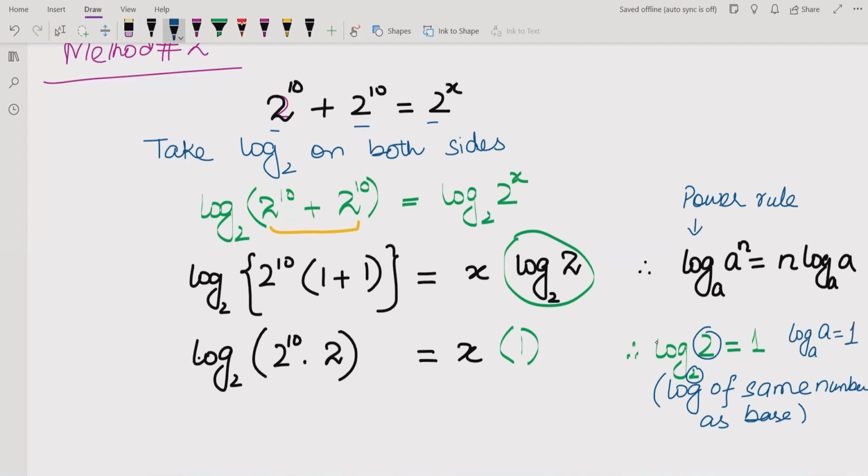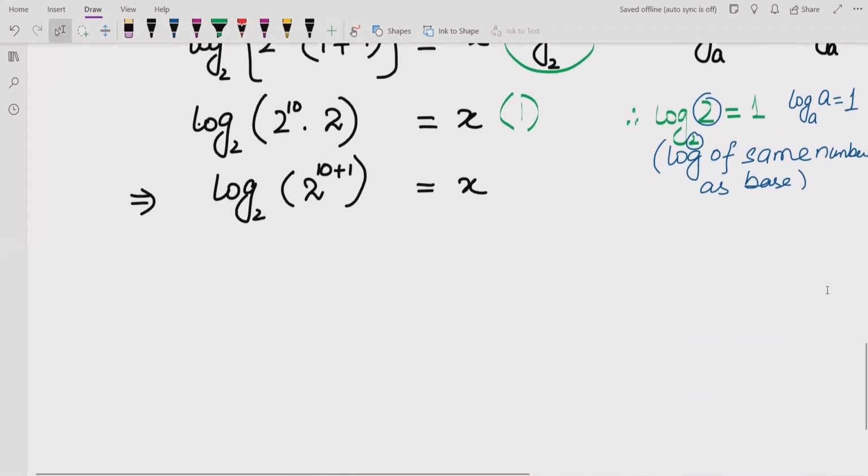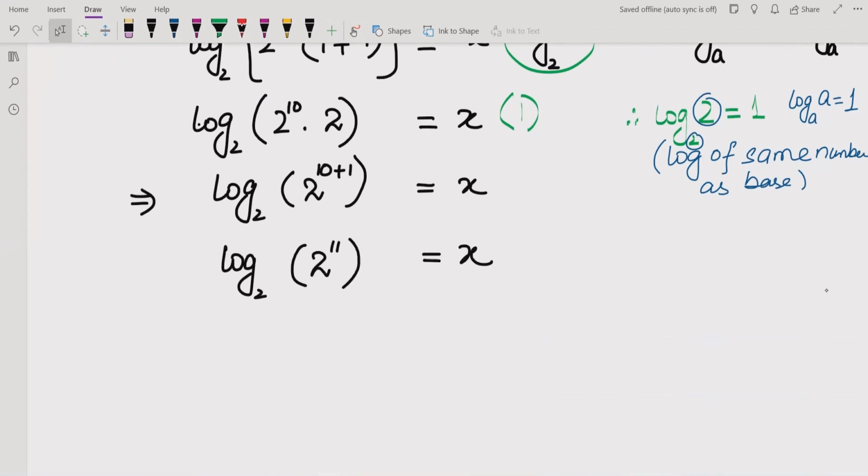Now we go to the next step. The base is the same, so we add the powers. We will say 10 plus 1 here, and here x times 1, that is x. Again we add: 2 raised to power 11 equals x.